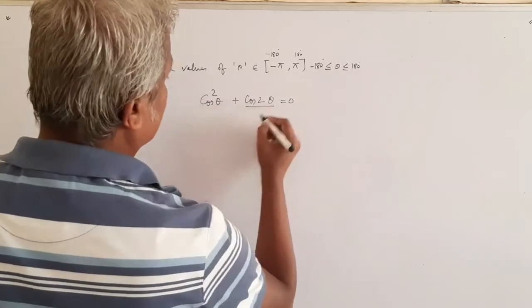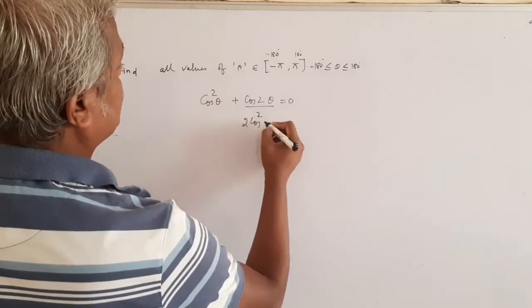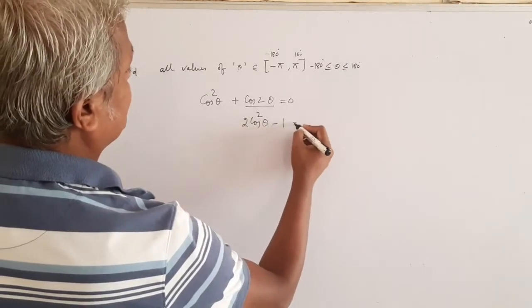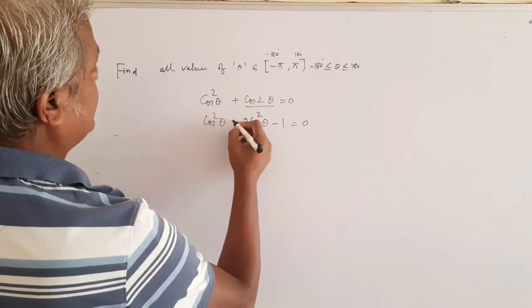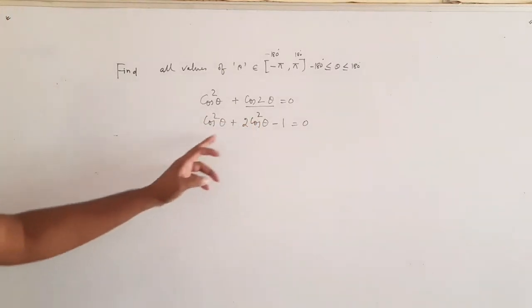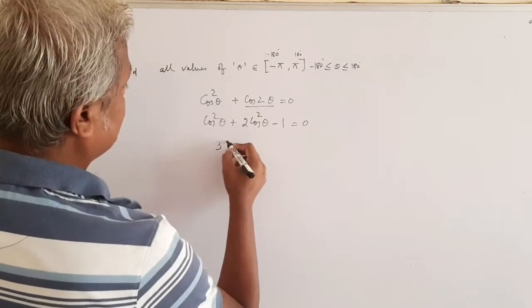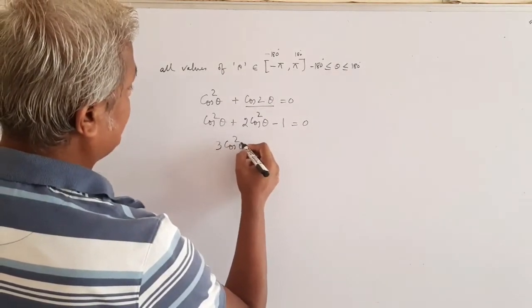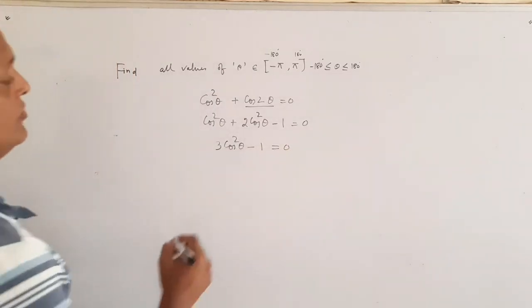We know that cos 2 theta can be written as 2 cos square theta minus 1. So this becomes cos square theta plus 2 cos square theta minus 1, which is 3 cos square theta minus 1 equal to 0.